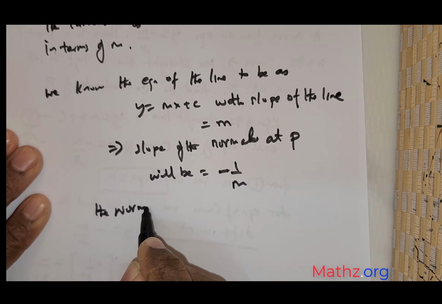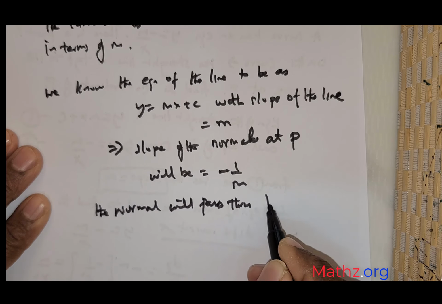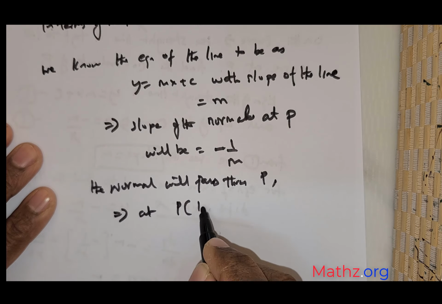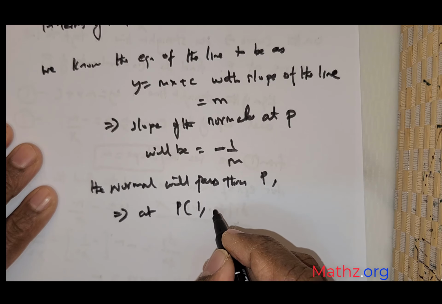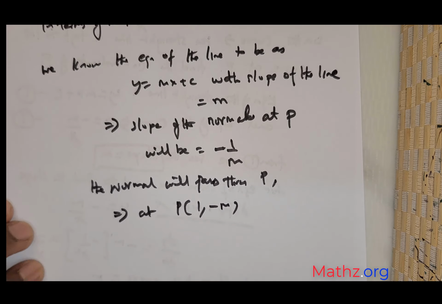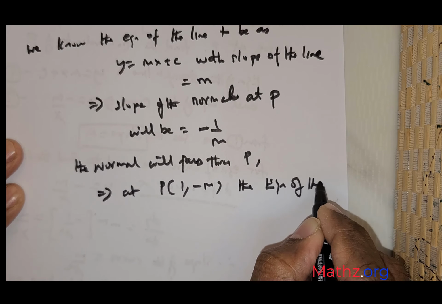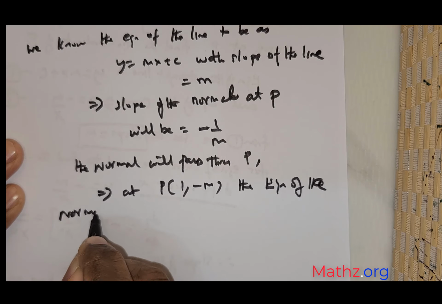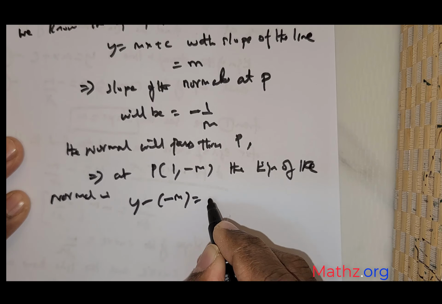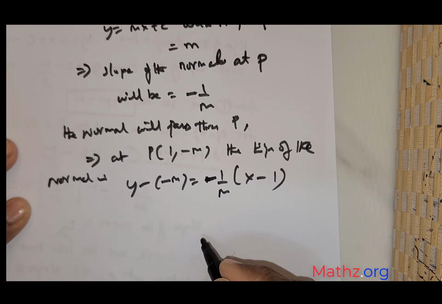Now the normal will pass through P, which is (1, -m). So we need to find the equation of the normal. At P (1, -m), the equation of the normal is y - y1 = slope times (x - x1).